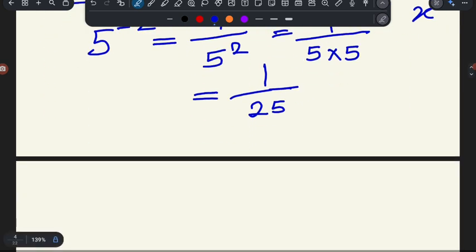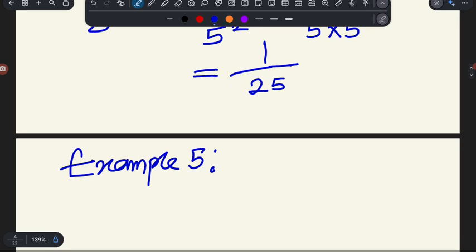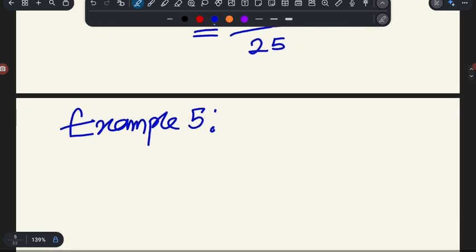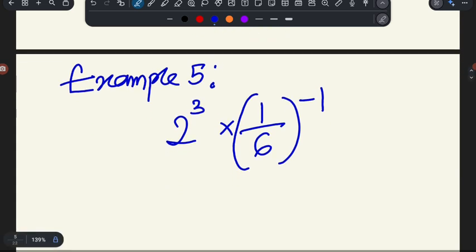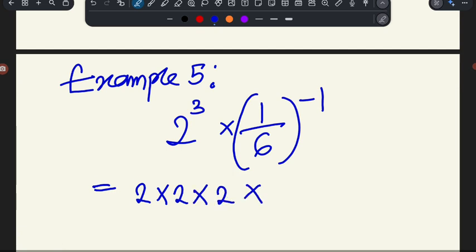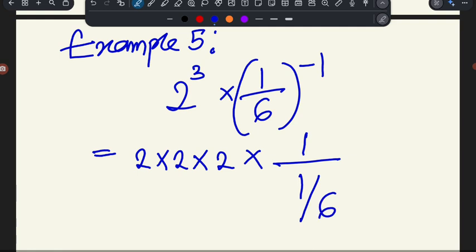So, let's have example 5 for the module 1. Now, there is another example. This is the way the example looks like. 2 raised to the power 3 times 1 over 6 all raised to the power minus 1. Now, 2 raised to the power 3 is 2 times 2 times 2, which is 8. Now, 1 over 6 raised to the power minus 1 will be, according to the law, 1 over 1 over 6.